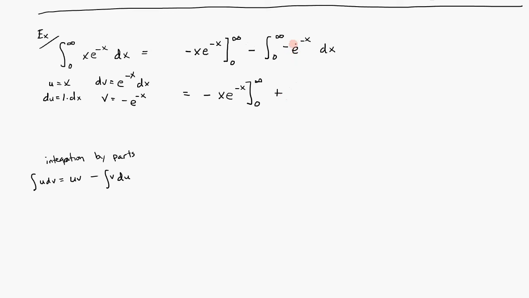Okay, so then we have to find the antiderivative of e to the minus x. The antiderivative of e to the minus x is minus e to the minus x. So again, we're taking the antiderivative of this to compute this improper integral, and then this is going from 0 to infinity.